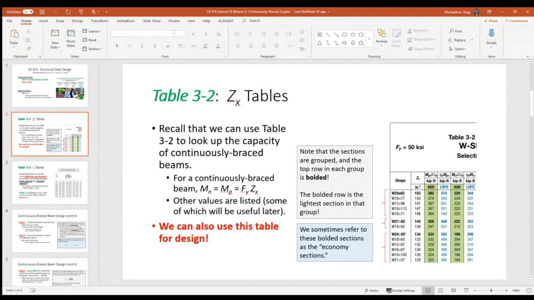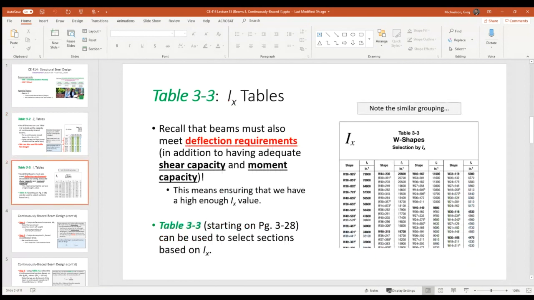Now, I also want to call your attention to Table 3-3. Table 3-2 organizes sections based off their Zx values. If you turn a couple pages, this starts on page 3-28. It's a short table, only about 2 pages. You should have W shapes organized by their Ix value.